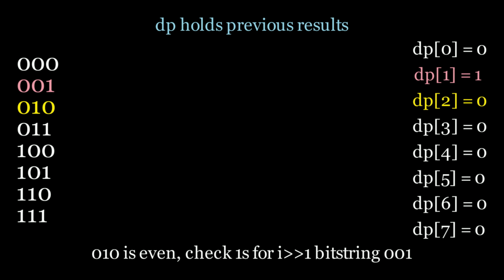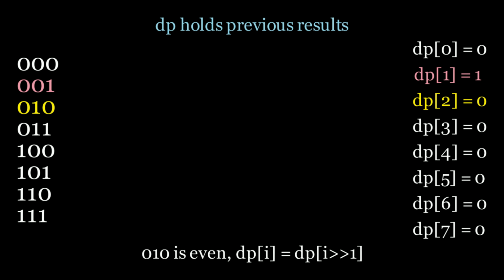Okay, and so in this case, 0, 1, 0 shifted over to the right by 1 is just 0, 0, 1. So what is dp of 0, 0, 1? It's actually 1. And so we're going to copy that answer. So if the number we're scanning is even, dp of I is equal to dp of I shifted over by 1.